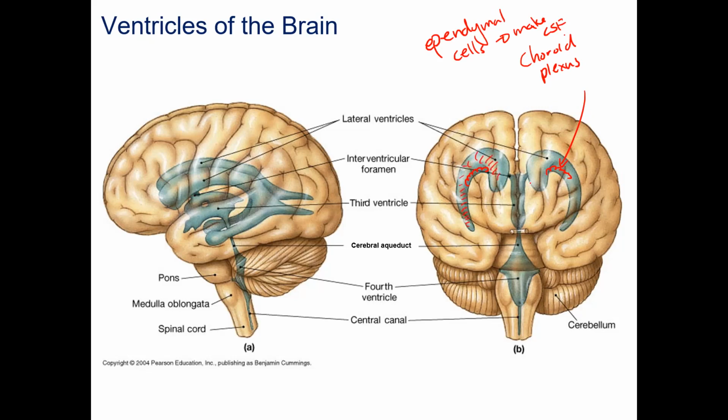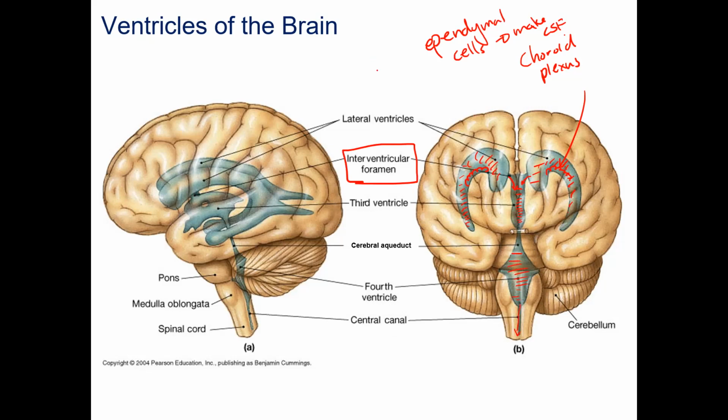Then it goes through a tiny opening called the interventricular foramen, which allows the fluid to drain into the 3rd ventricle. Here's the 3rd ventricle. After you fill up the 3rd ventricle, it goes through a narrow duct called the cerebral aqueduct, and then it fills up the 4th ventricle.